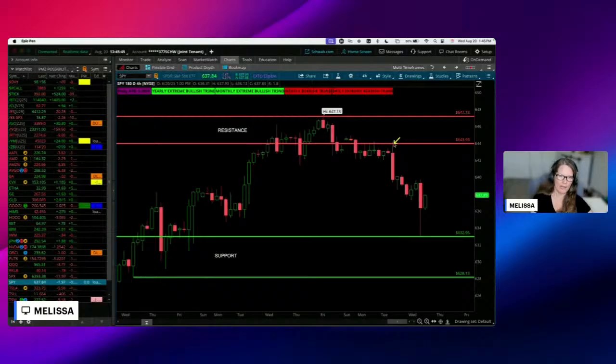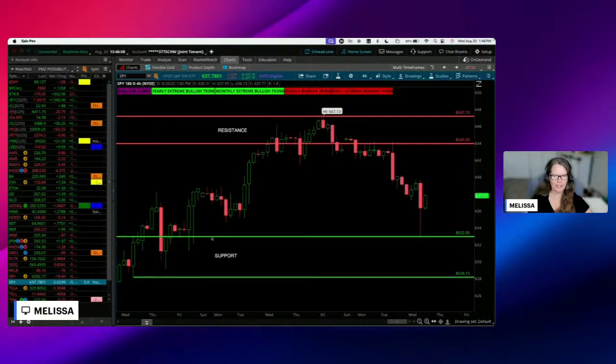So if you had entered here at the resistance zone right around 643, and you had bought puts or sold equity, what have you, however you choose to place a bearish trade, it would have paid to target.